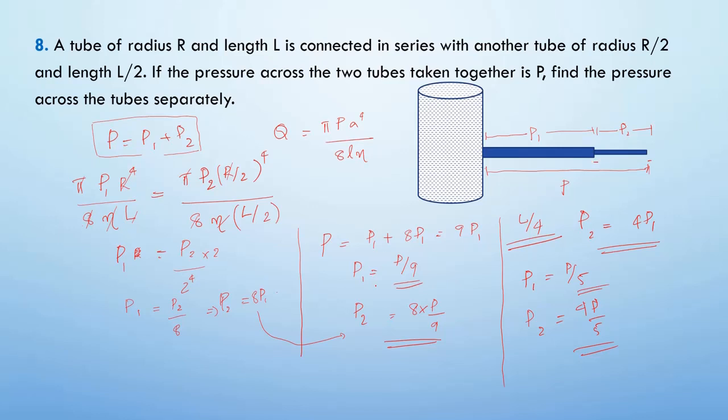When it was L by 2, the pressure difference was 8 P by 9, but when it was L by 4 it increased to 4 P by 5. So as the length decreases, the pressure difference increases, and as the width, that is the radius, increases, the pressure difference decreases.